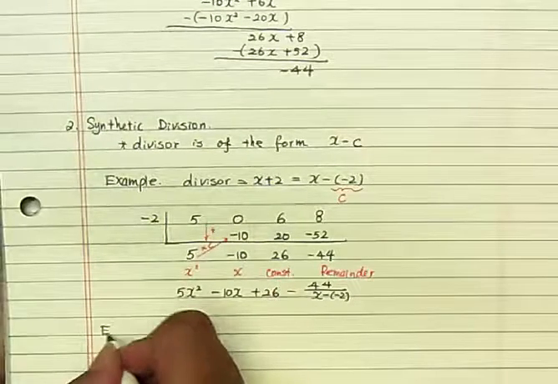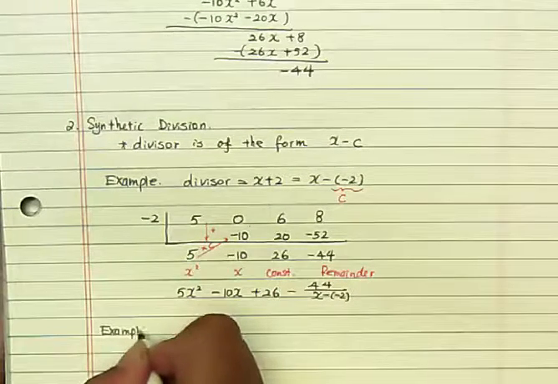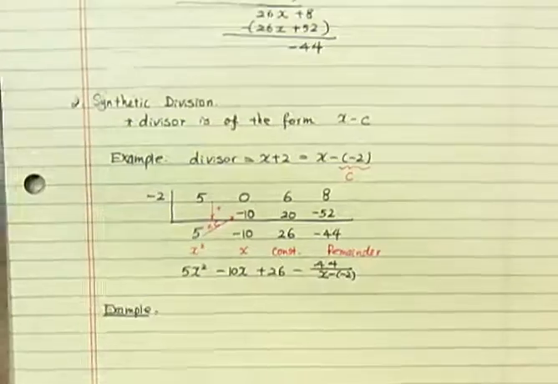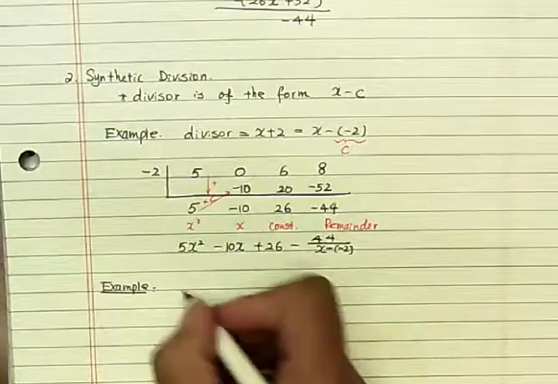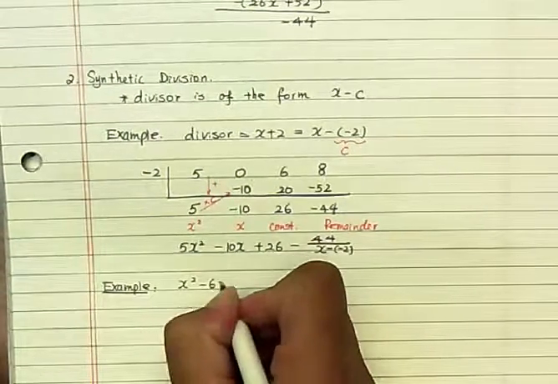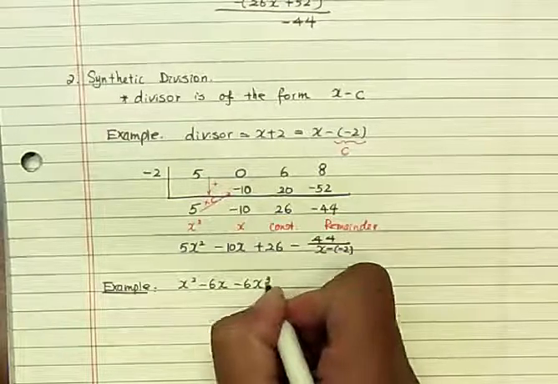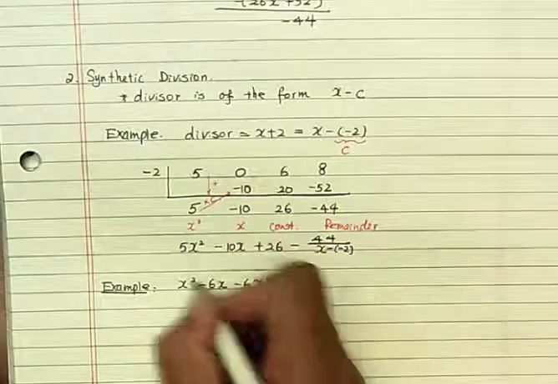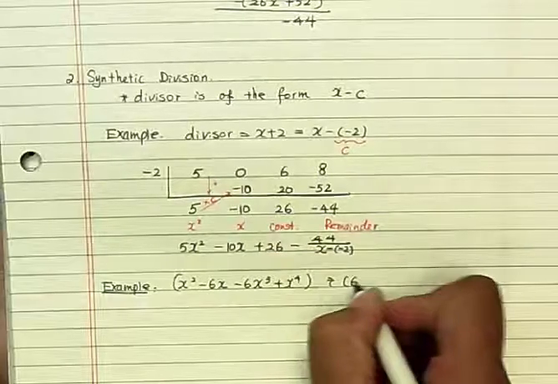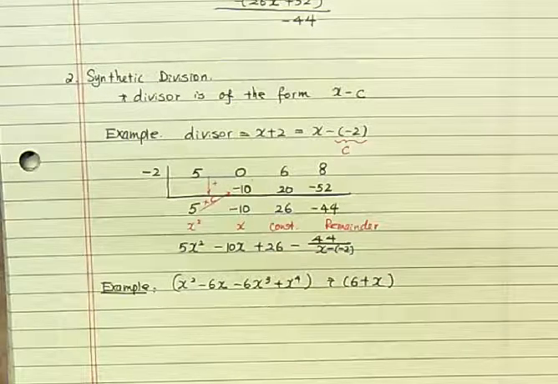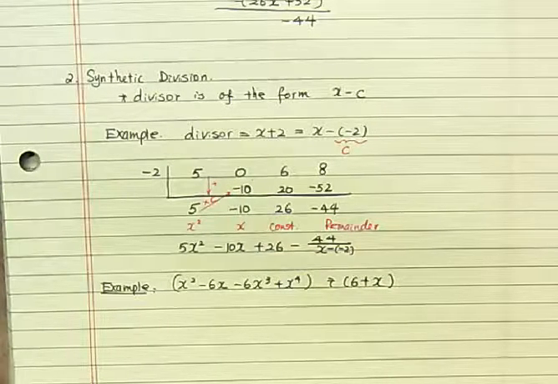Now let's take a look at a fresh example to see how synthetic division works. We have x squared minus 6x minus x cubed plus x to the fourth, divided by 6 plus x. This one is written a little bit messy, so let's fix that.